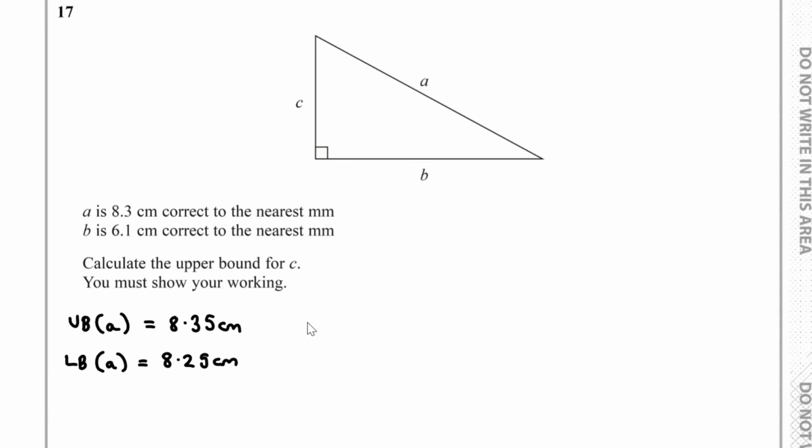The upper bound of B is 6.15 centimeters, and the lower bound of B is 6.05 centimeters.